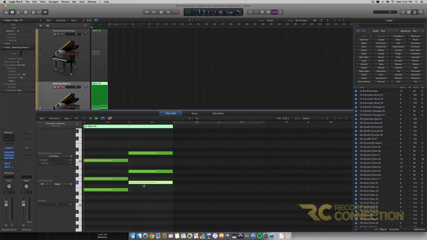So what we had before was a first inversion C chord with the third on the bottom, resolving to a first inversion chord with the F sharp on the bottom for D major. A first inversion to another first inversion.